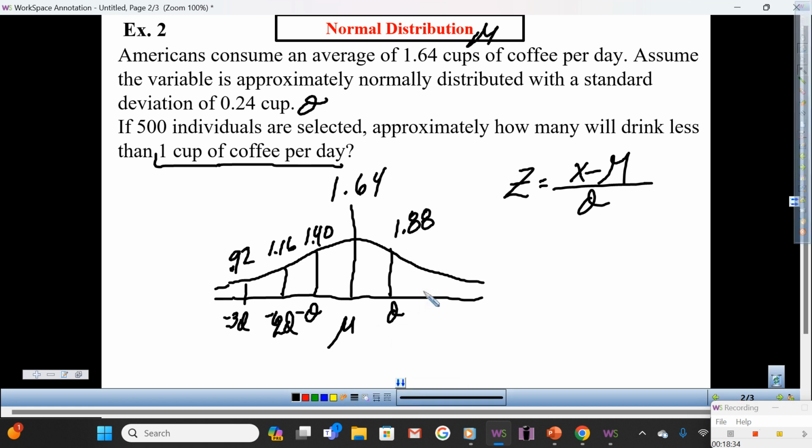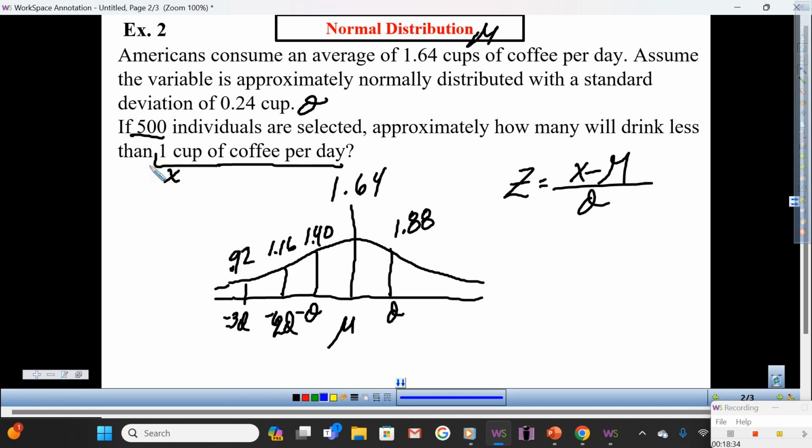Joseph, which one is our x? 500 or 1? That is correct. 1.